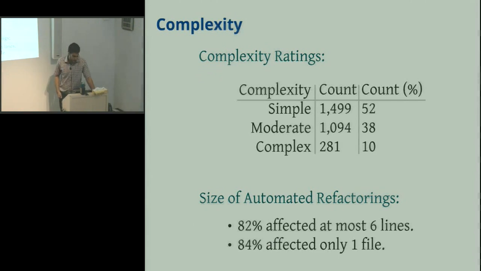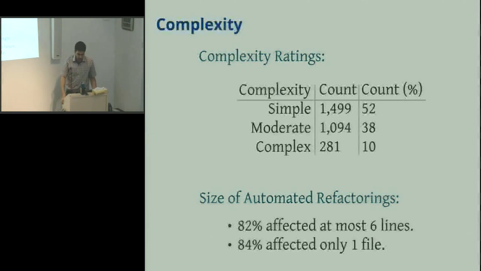The three of us rated the complexity levels of automated refactorings in Eclipse independently, and then we sat together and agreed upon complexity levels. We rated each refactoring as either simple, moderate, or complex. That's our qualitative approach. Then we counted the number of times that refactorings in each category were performed in our data. You can see the count in the count column and the percentage in the third column.